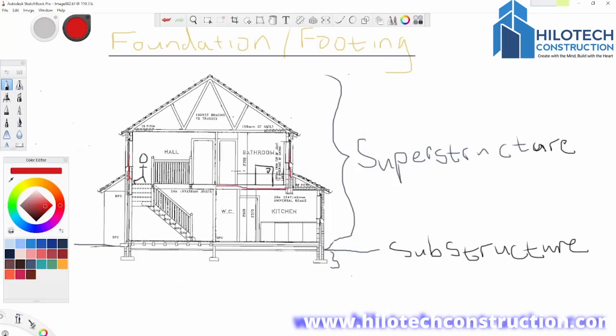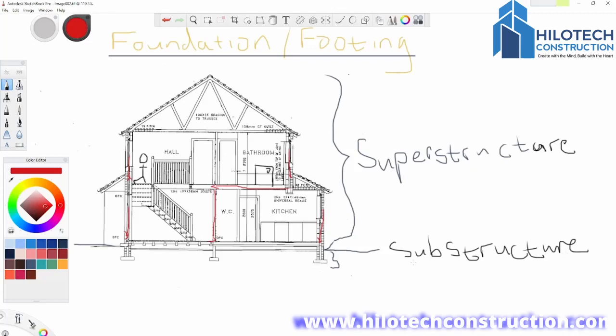It transfers it to this beam. The beam transfers it again to the columns, just like this, and finally it gets to the ground level, which is now collected by the substructure and sent to the ground. Okay, so when this load finally arrives here, the substructure now collects it and sends it safely to the ground.